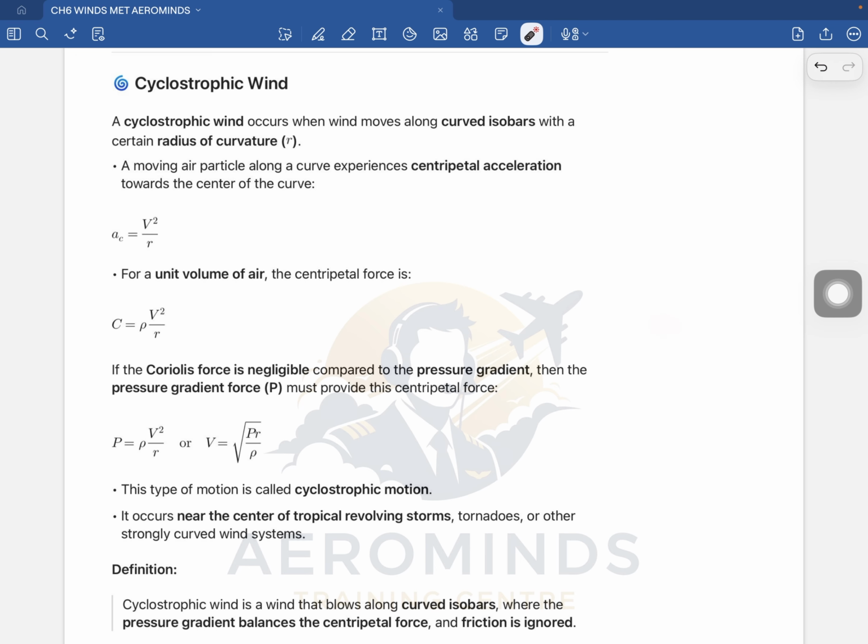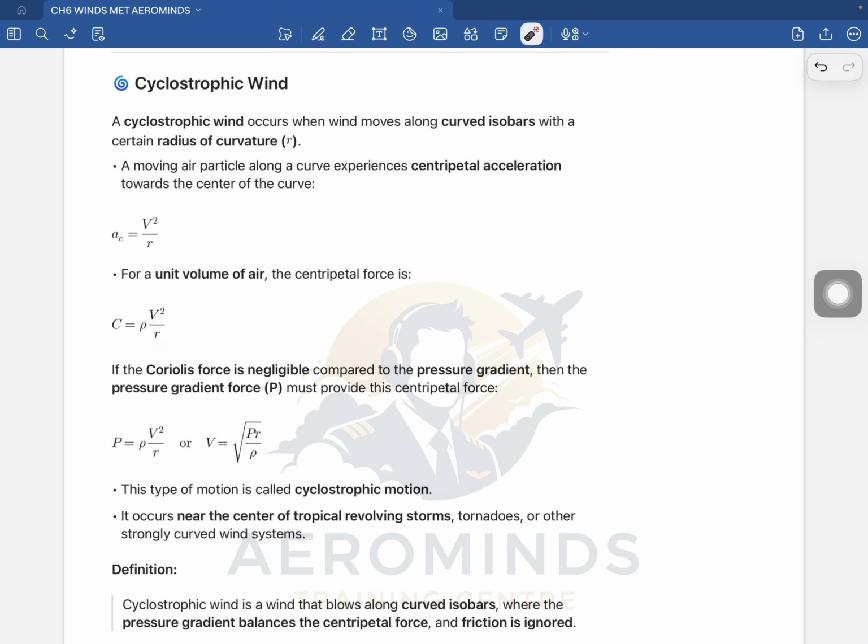So for a unit volume of air, the centripetal force required to keep the air moving along the curve is equal to the air density rho multiplied by v squared divided by r.